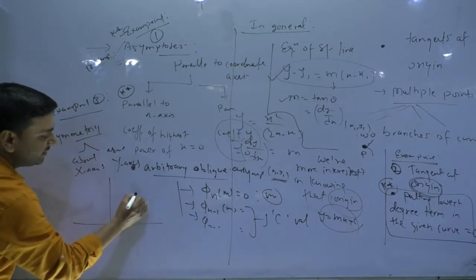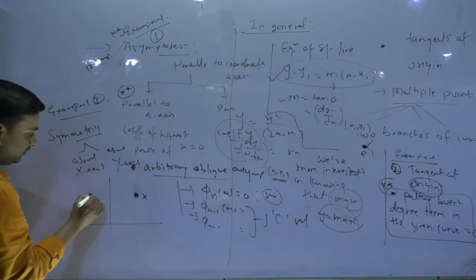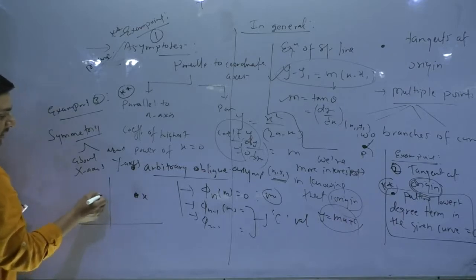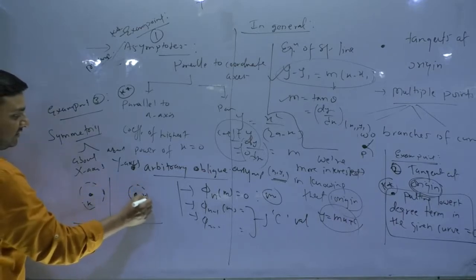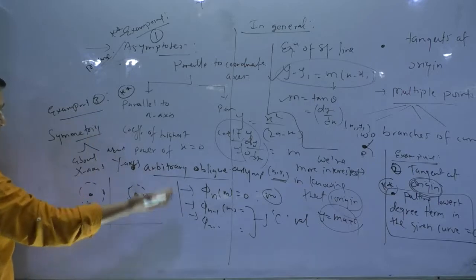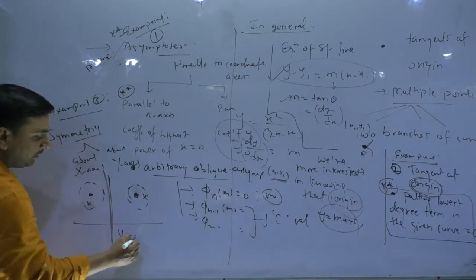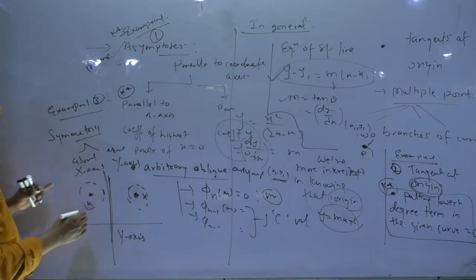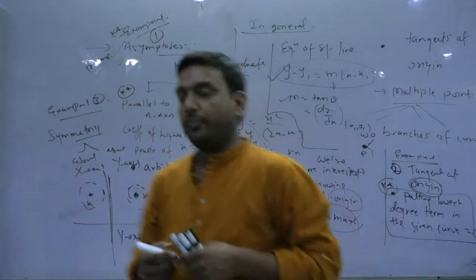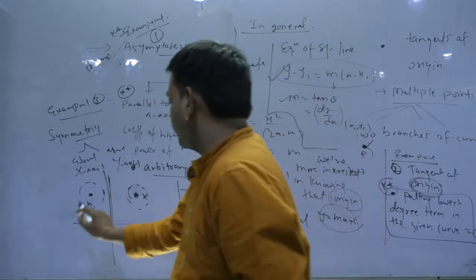If I replace x by minus x, and we have the same picture as here in this half, that should be the same picture, means this will be symmetric about y-axis. So in this, what will we write? The third point, note it down please.